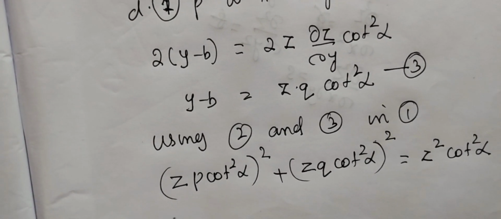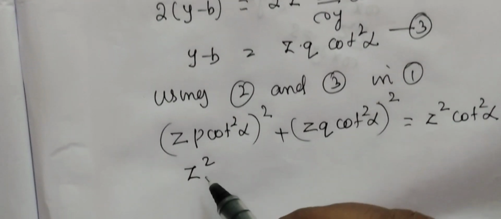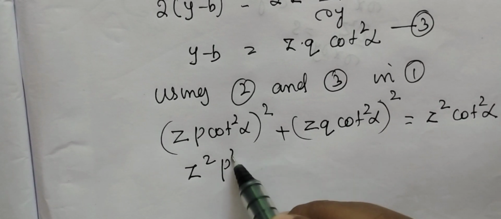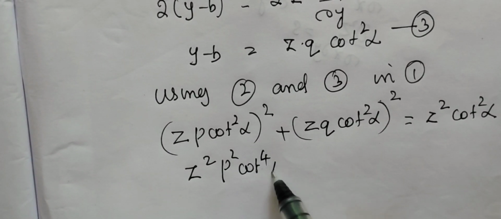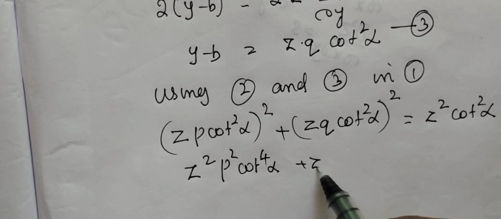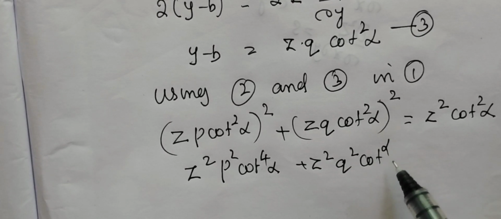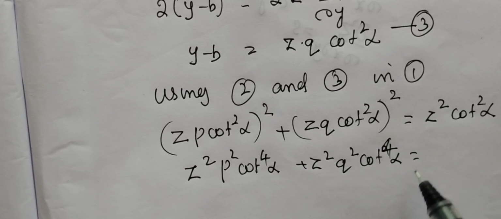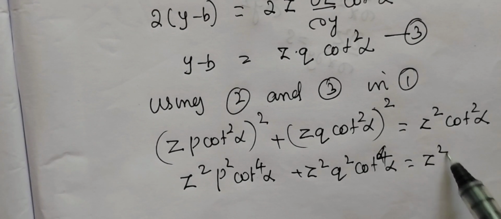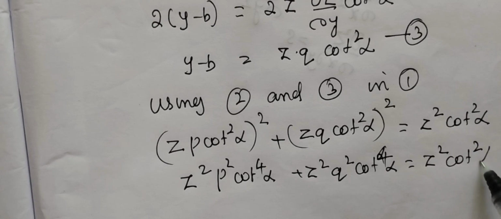So what is the answer? That is z square p square cot raised to 4 alpha plus z square q square cot raised to 4 alpha equal to z square cot square alpha.